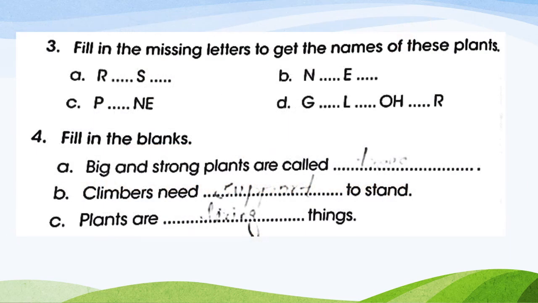Now, question number 3 is fill in the missing letter. Now we are going to fill the missing letters. R dash S dash: ROSE, rose. Then NEEM, neem.